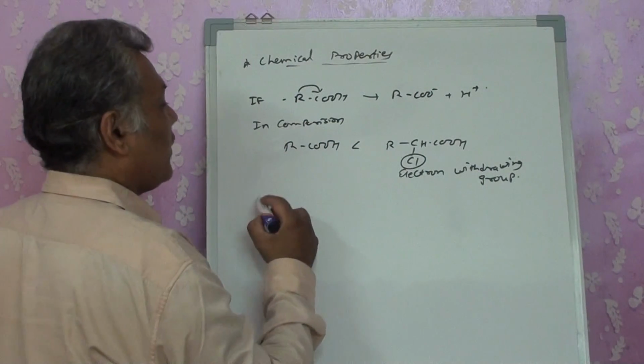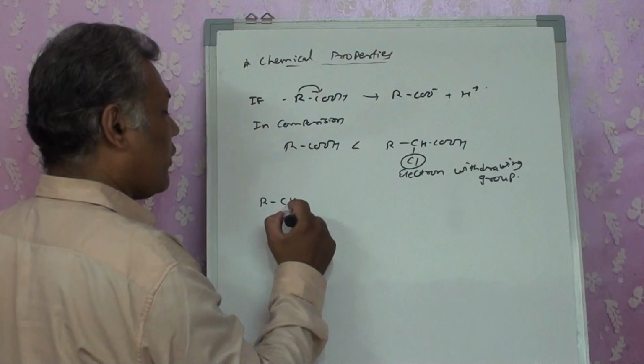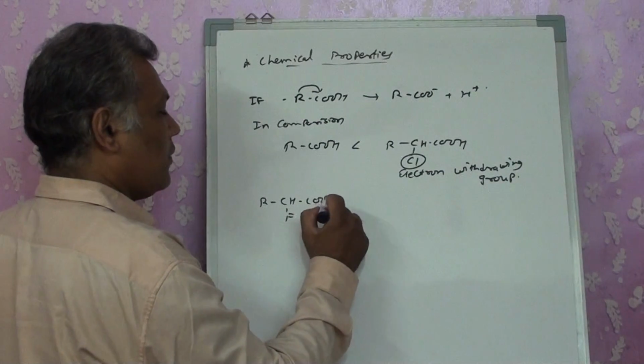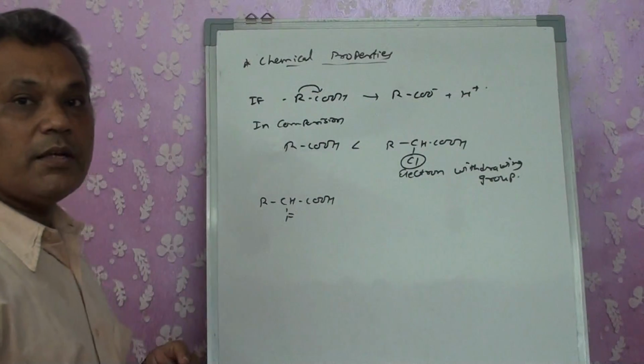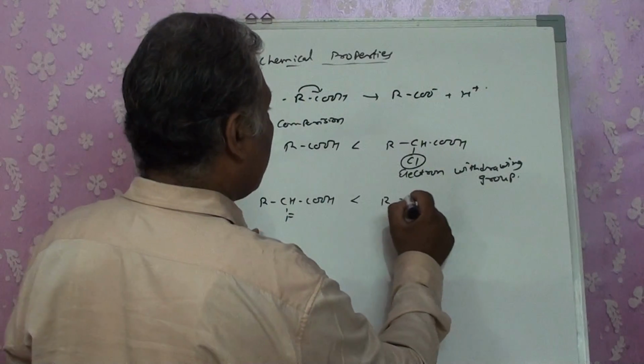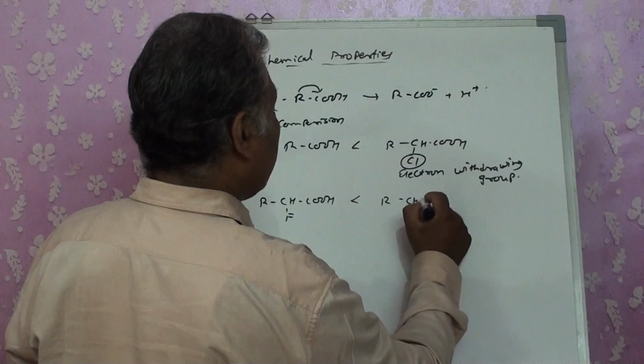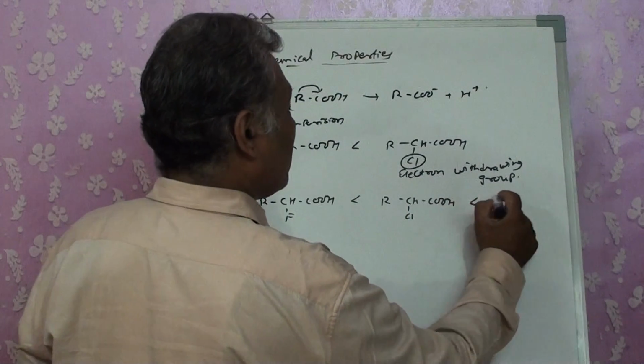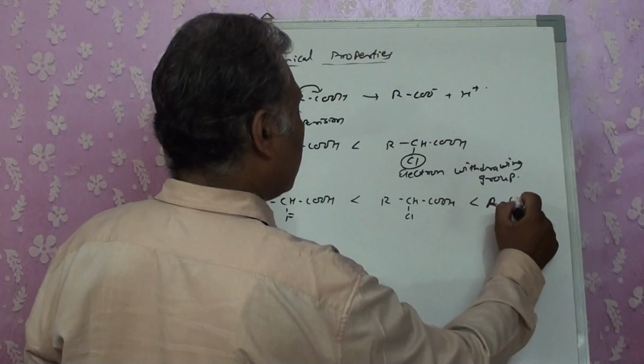So if I now compare it, if I take the electron withdrawing group as fluorine, then we will find that Cl is less acidic, Br becomes even lesser acidic.